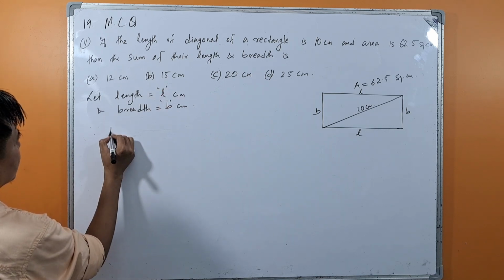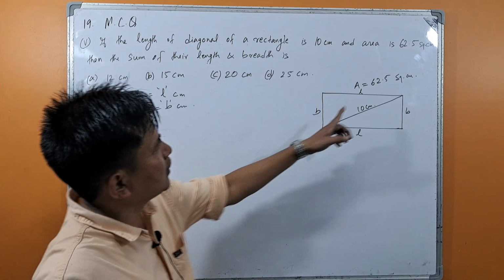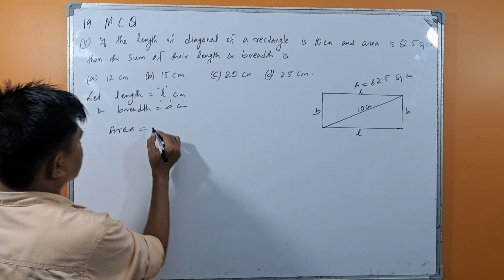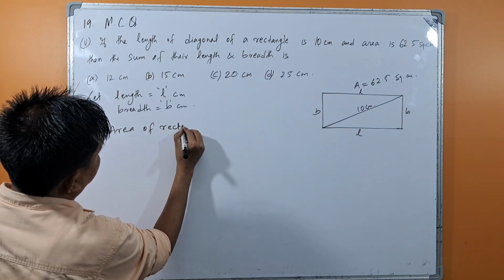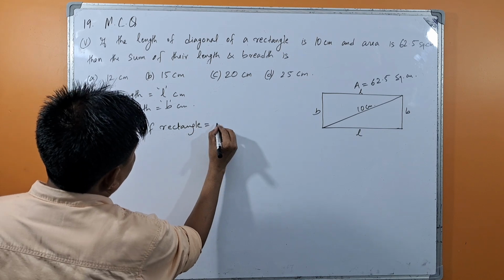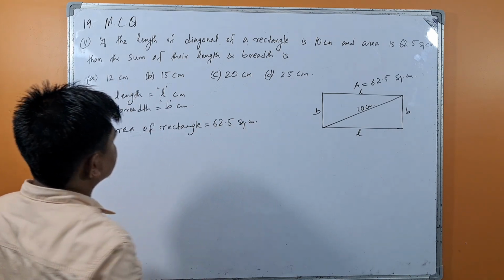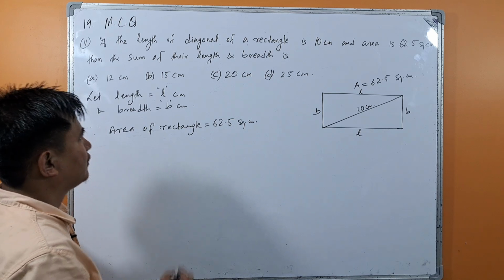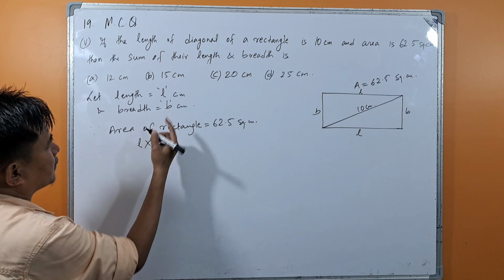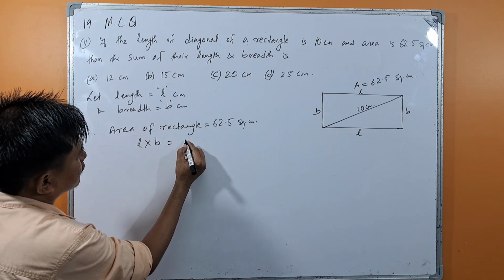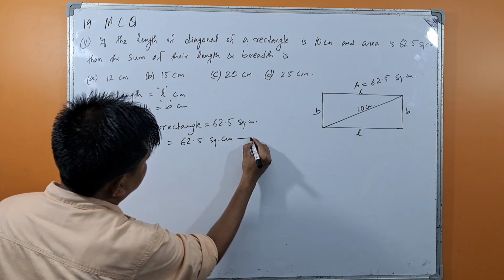Since area is given to us, area of the rectangle is 62.5 square centimeter. So what is the formula for area of rectangle? L into B, isn't it? Length is L and breadth is B. L into B equal to 62.5 square centimeter. Okay, this is equation 1.